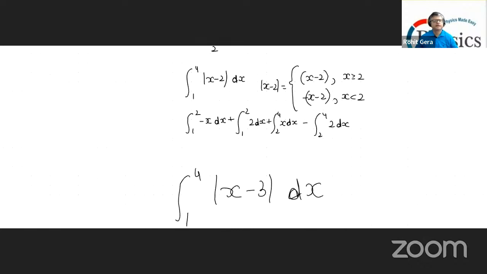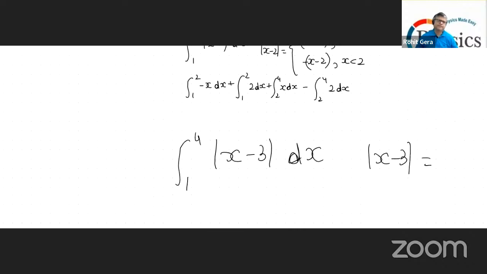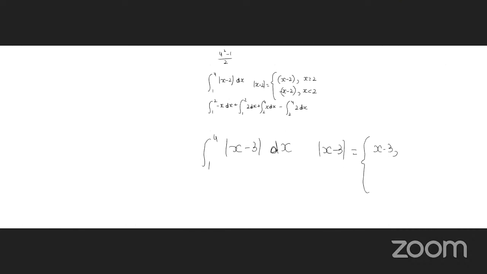Just be very careful. This is already broken. Minus x plus 2, and then from 2 to 4 it is positive. Excellent work done. I think you have clarity on modulus now.